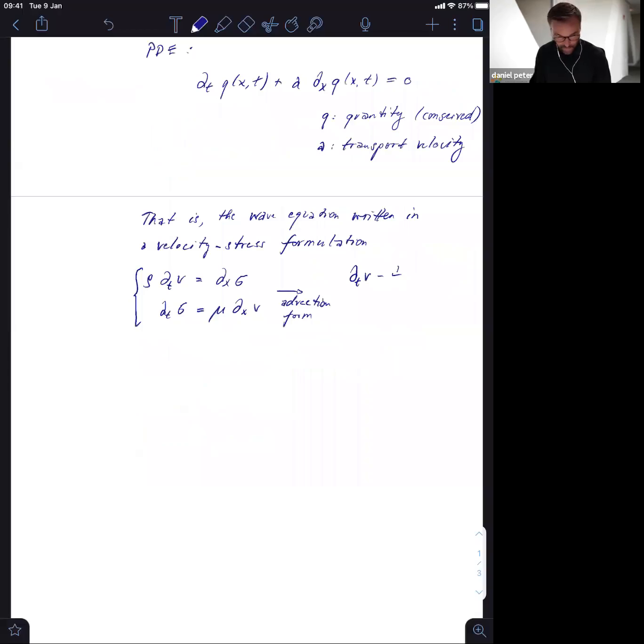Then the transport advection term, in this case, would be 1 over rho times the derivative of the stress, equal to 0. That will be the first equation that we put into this advection form. And the same for the second one with stress: we have minus mu times the derivative of v equal to 0.